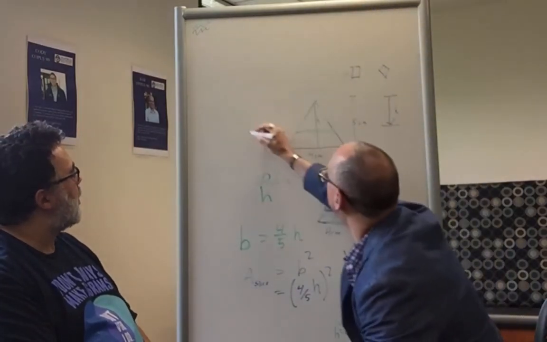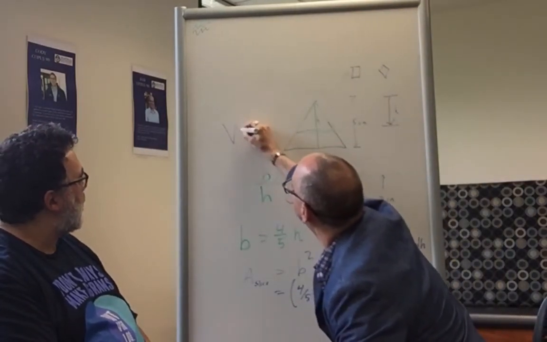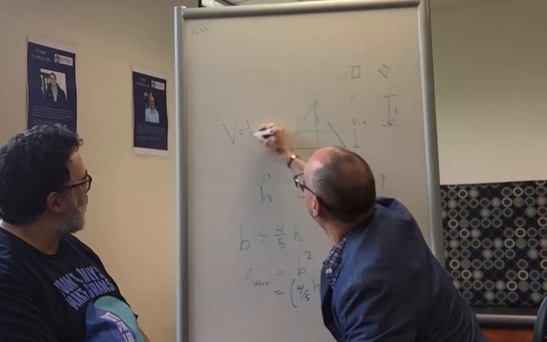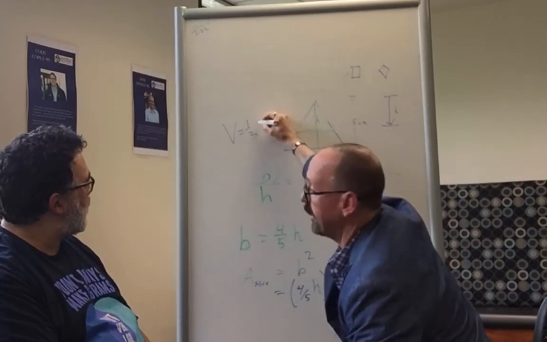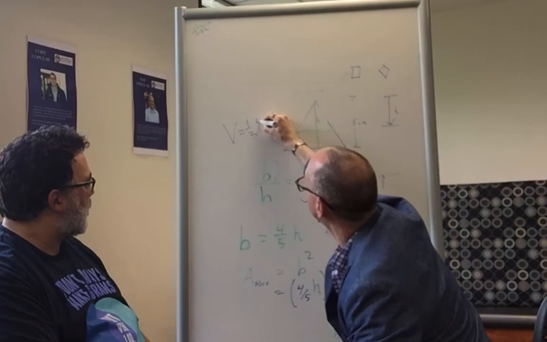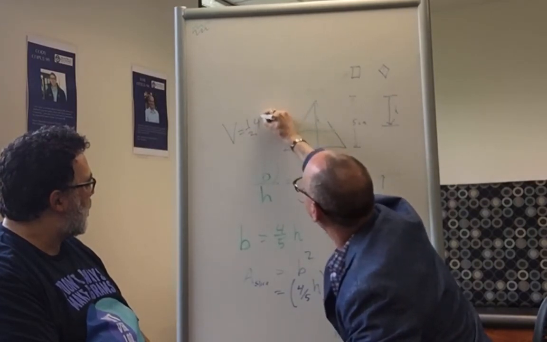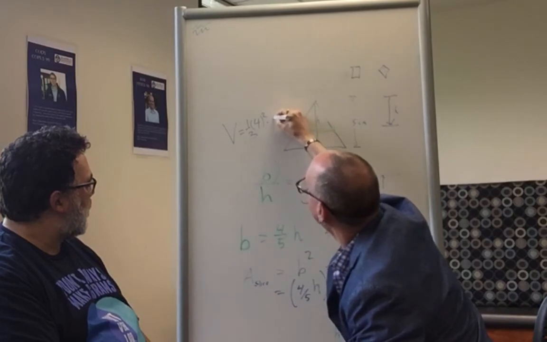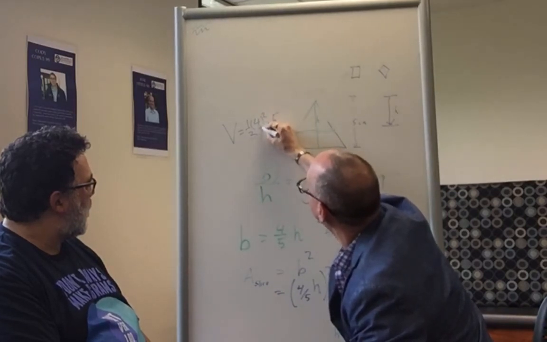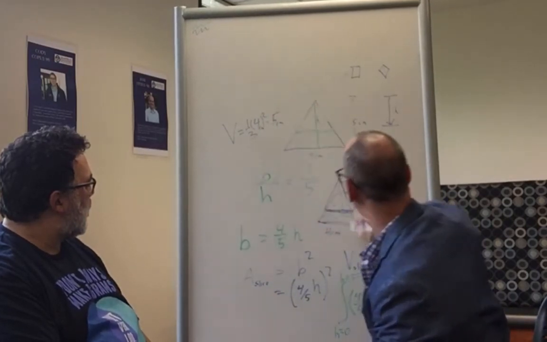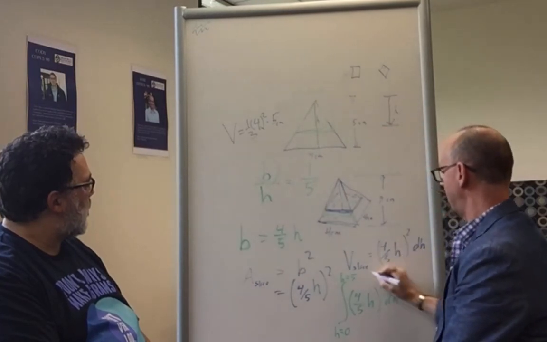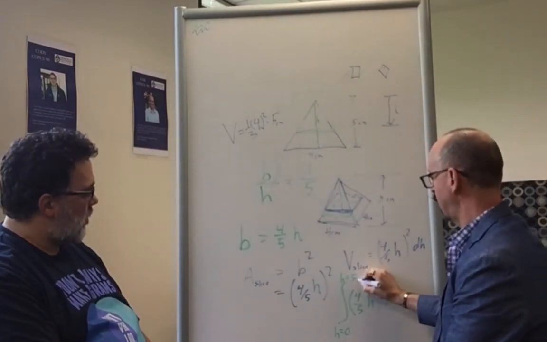But I do know that the volume is going to be 1/3 times the area of the base, which for us is going to be 4 squared, times that perpendicular height. And I'm going to be really kind of weird about this because all of these things should have units.